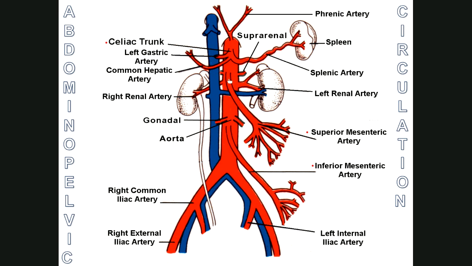Off of this too, we have other paired arteries, the suprarenal arteries, the renal arteries going to the kidneys, gonadal arteries, going to the ovaries in the female or the testes, and then the median sacral artery, which would be located in this region.